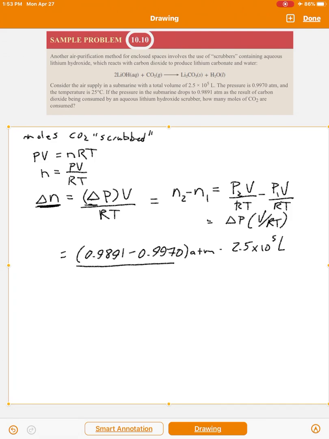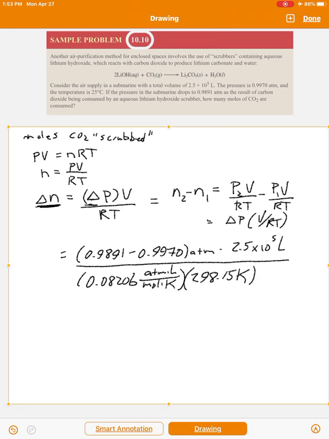And then we're going to divide that by RT. Temperature is what, 25? 298.15 Kelvin. Okay, so let's see what that difference is. I'm just going to take the larger number and subtract the smaller one.